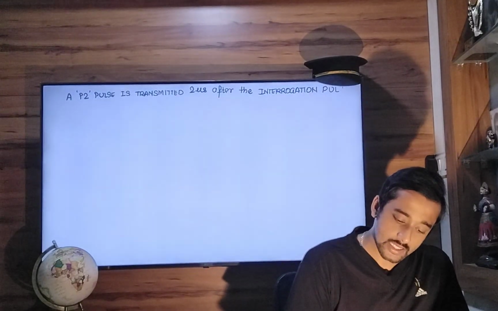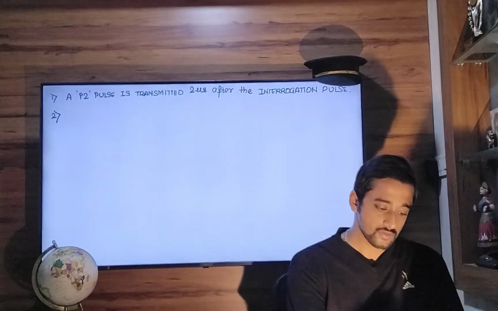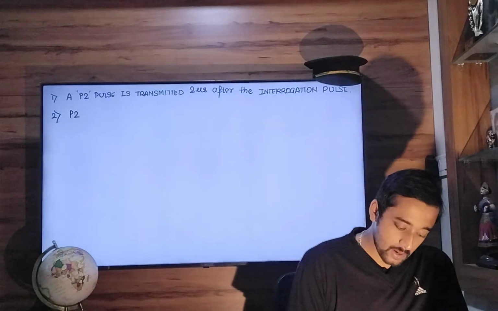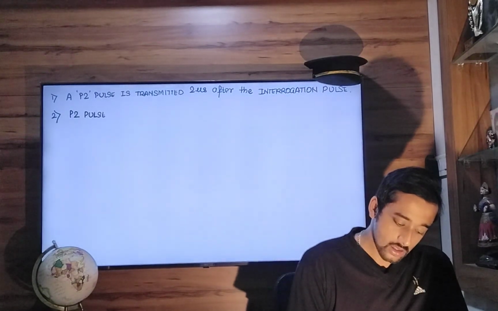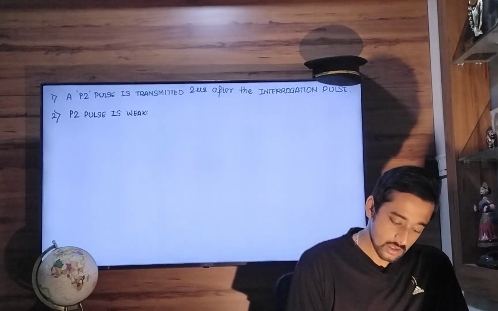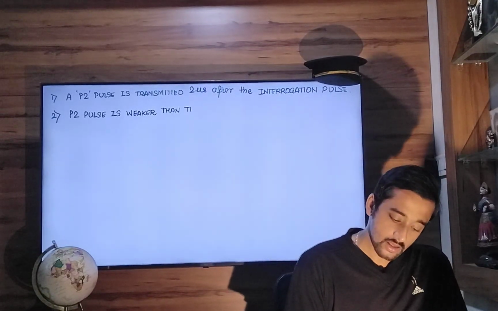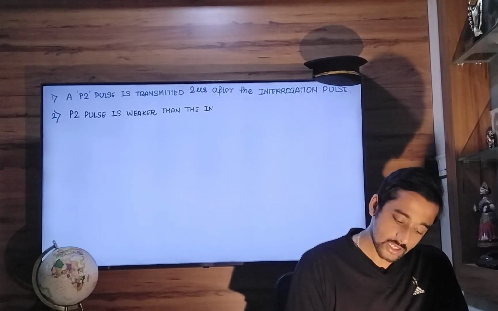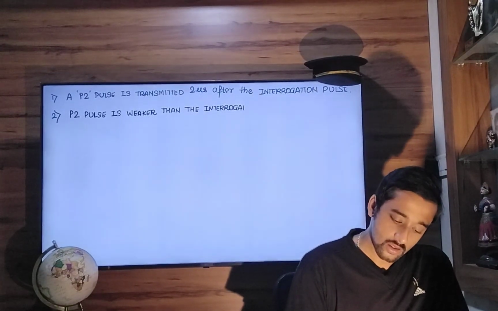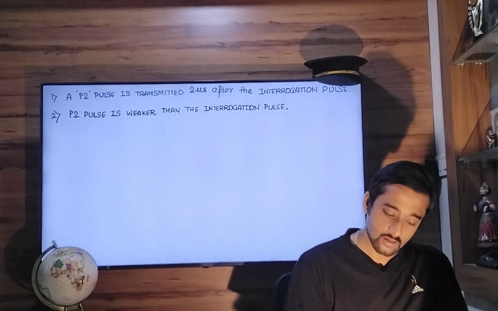Next important point is that this control pulse, that is the P2 pulse, is weaker than the interrogation pulse.